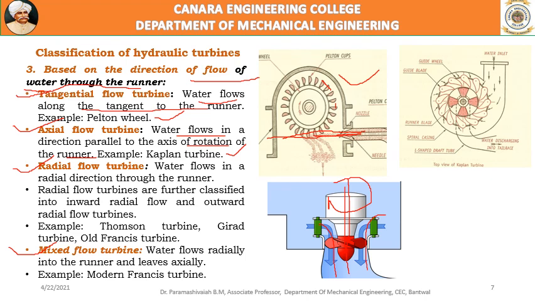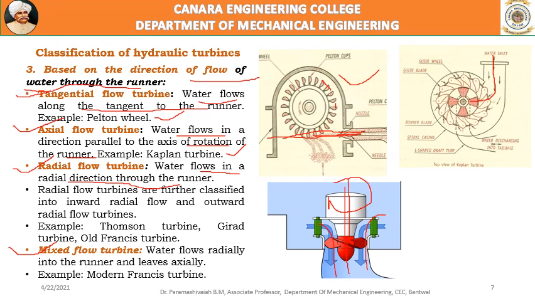Okay. The third one is radial flow turbines, in which the flow of water in the turbine is along the radius. You observe here, water flows from the outer periphery and flows toward the center.